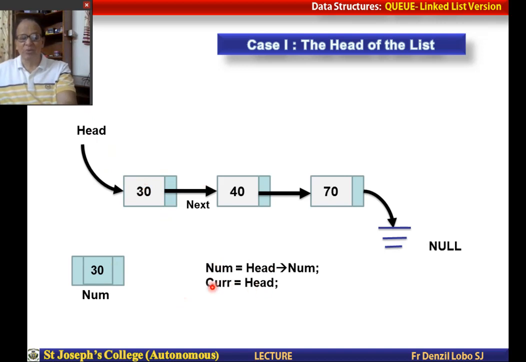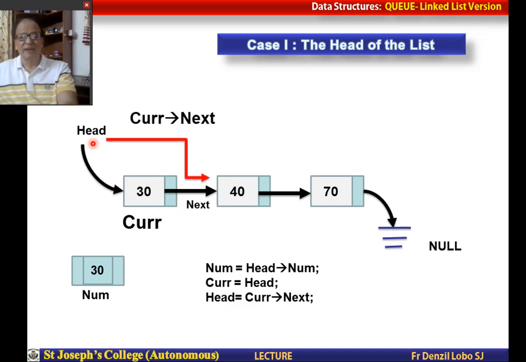So I put current equal to head. So this becomes current. Therefore, current next is now the node after head. So now head is equal to current next. This has to become head. I could have said directly head is equal to head next. Instead of that I have said head is equal to current next, which comes to the same.